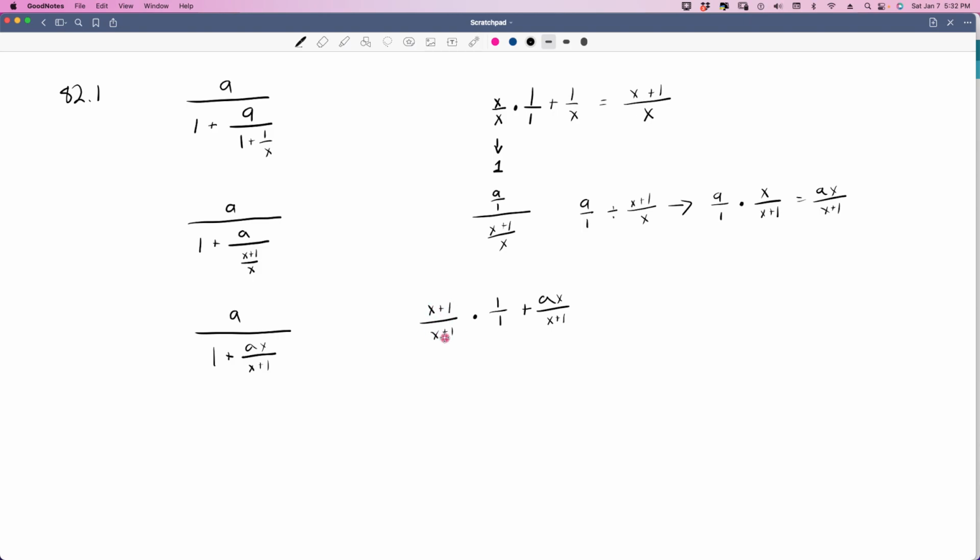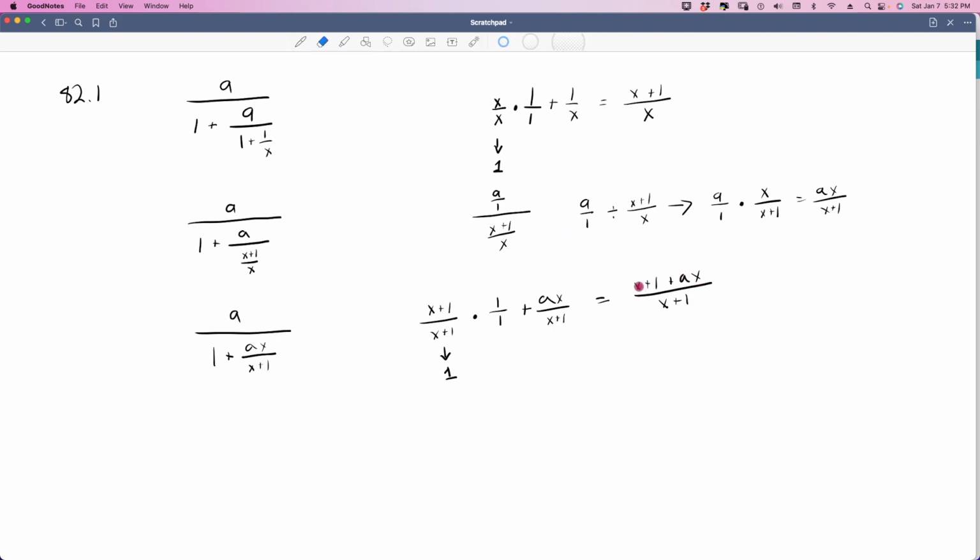If it's the same on the top and the same on the bottom, it's still equal to 1. So we're just multiplying this by 1. So now we have x plus 1 plus ax all over x plus 1. This x plus 1 came from multiplying x plus 1 times 1, right?